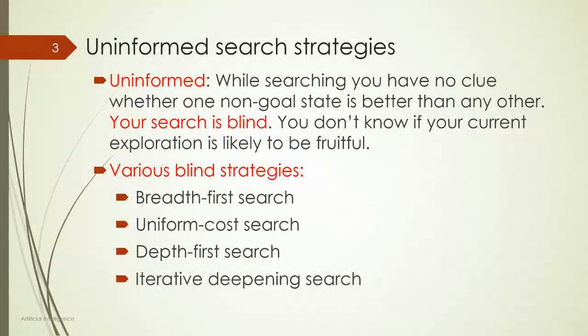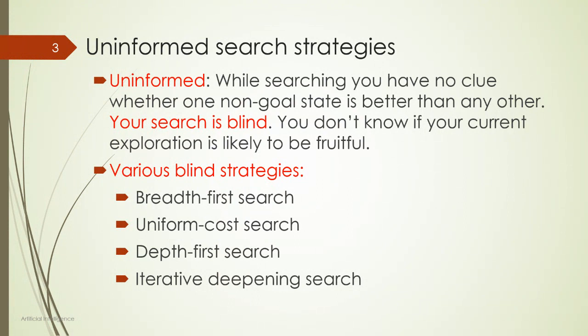Okay, uninformed search: while searching you have no clue whether one non-goal state is better than any other. We don't have any overall evaluation of everything. I don't have any guidance. So when my agent is in one of the cities, the next step it takes is based on just very close information it can see.